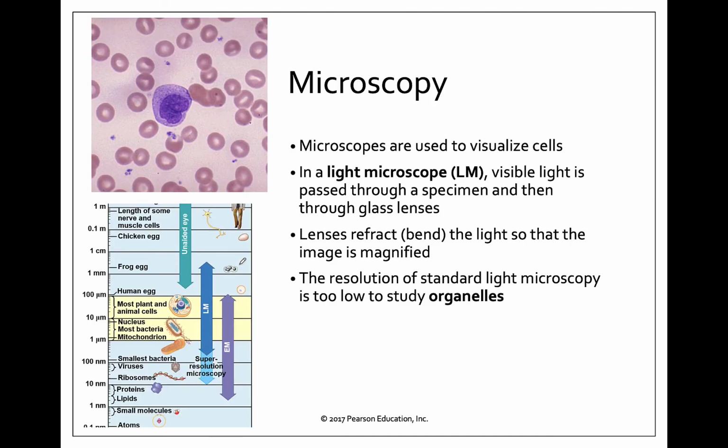So we can't talk about cells and the structures inside of cells without talking about the way that we study them. Cellular biology is fairly new, within the last century or so, because of the development of a tool called the microscope. The microscope was the first scientific tool that allowed us to actually look directly at a cell.